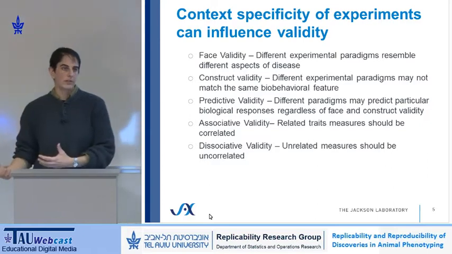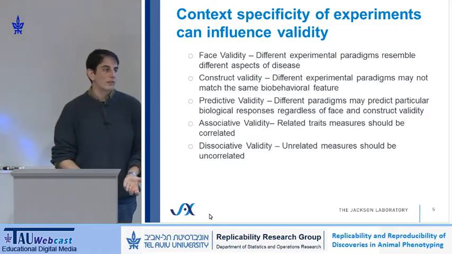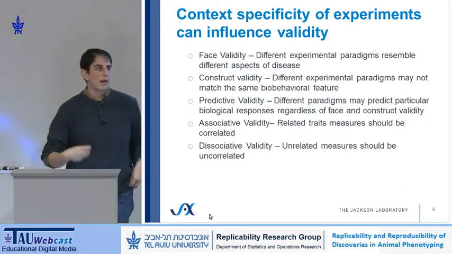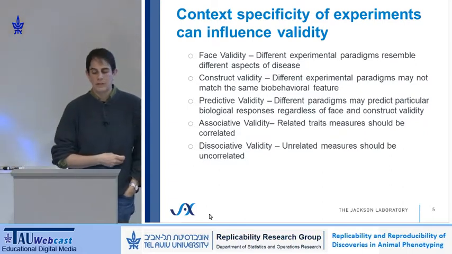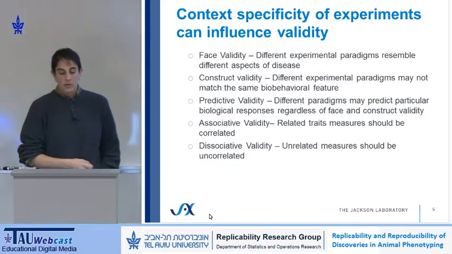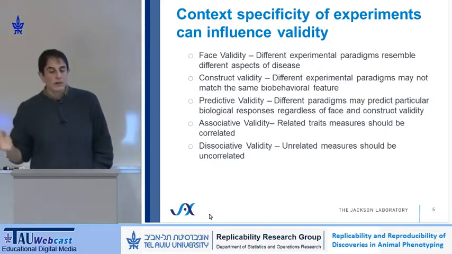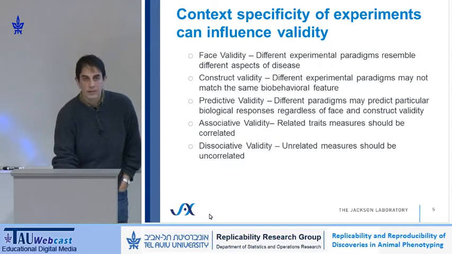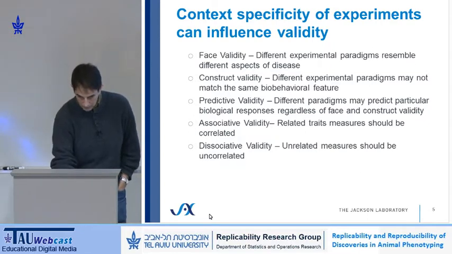I've literally changed the trait. With stress-induced analgesia, the neurochemistry of that trait changes depending on the magnitude of the stressfulness of the manipulation. So all of these environmental influences might actually be altering the definition of what we're measuring.